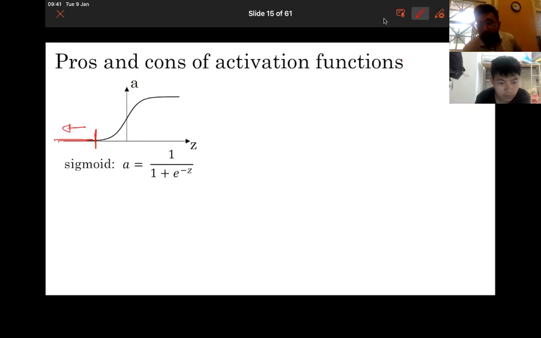So the sigmoid function is always increasing. I can see it from its graph, right? If it's always increasing, what would be the sign of its derivative? It's always positive, right? So the derivative maybe would look something like this.